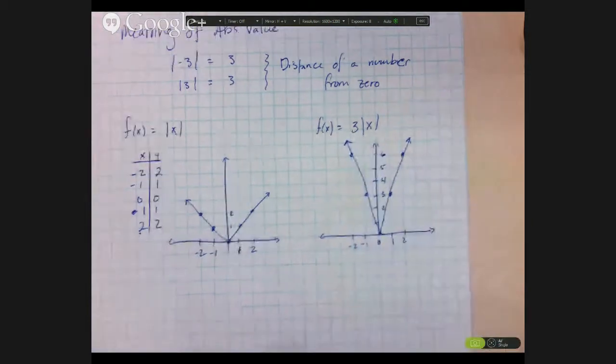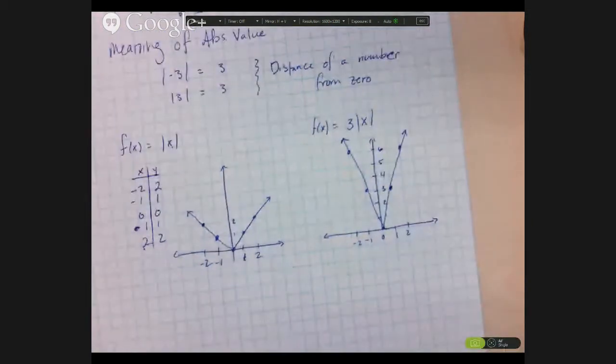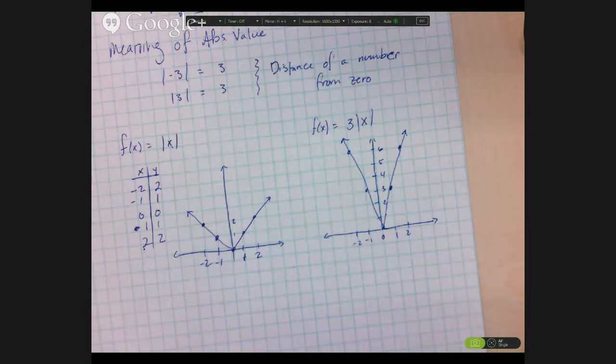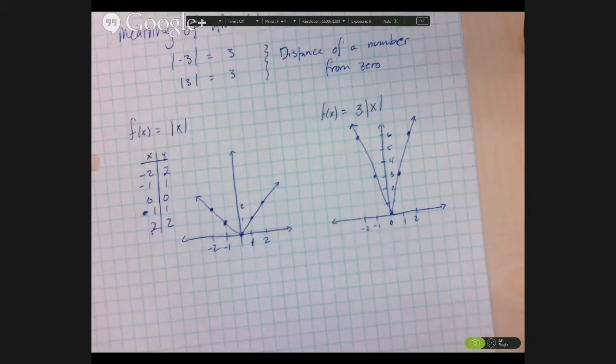Okay, what do you notice about those two? What's the difference? Tylin? What's the difference between those two graphs?